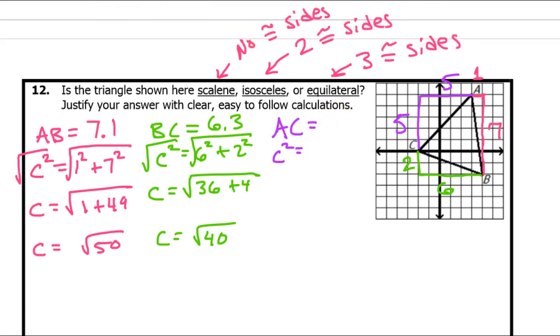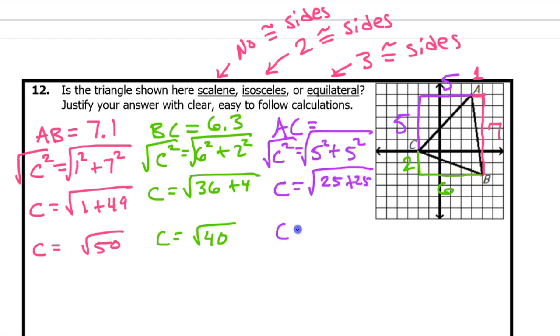Jumping the gun, as they say. c squared is equal to a squared plus b squared. So that means c is going to be the square root of all of this. So c is going to equal the square root of 25 plus 25. So c is equal to the square root of 50, which is the same thing I got for AB. So I already know that that is 7.1.